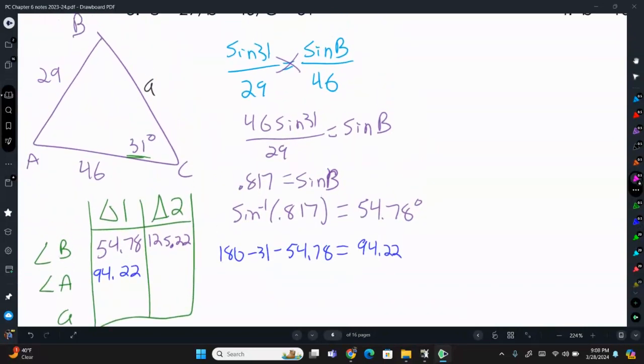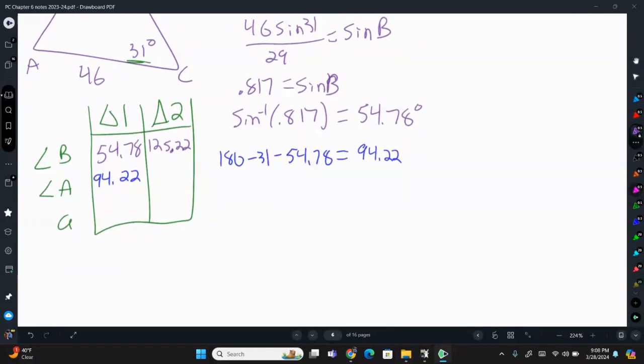So now we can figure out what side A is. So we have the sine of 94.22 over A equals the sine of 31 degrees over 29. So then we're going to cross multiply and divide that out.